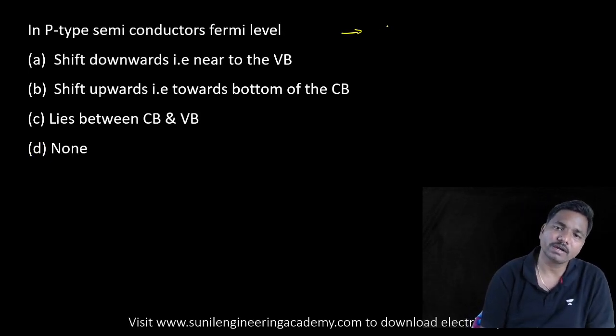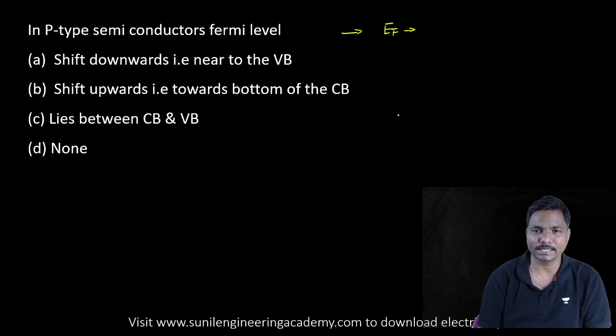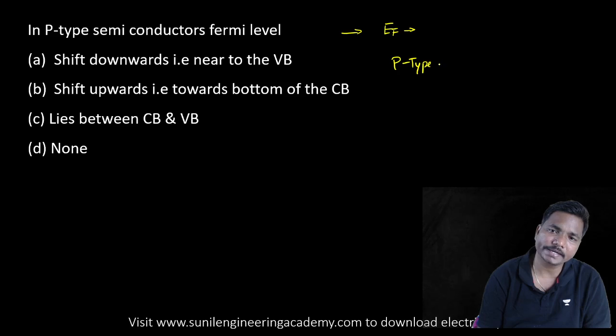In the P-type semiconductor, where does the Fermi level lie? As I said, the Fermi level is always attracted wherever there is more concentration. In P-type, the majority carriers are holes and the minority carriers are electrons.